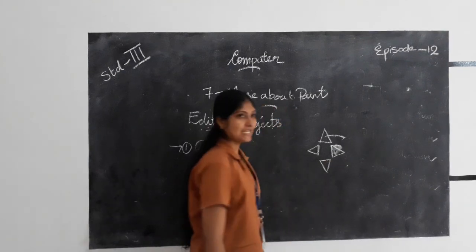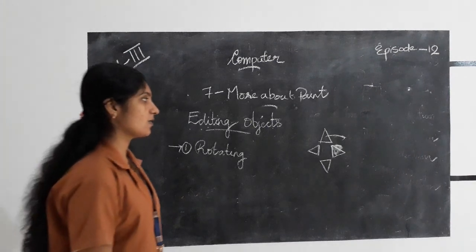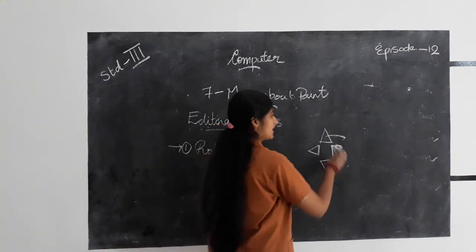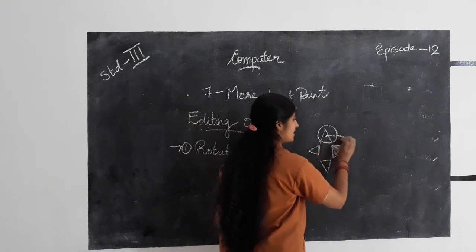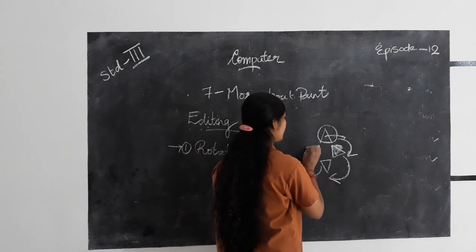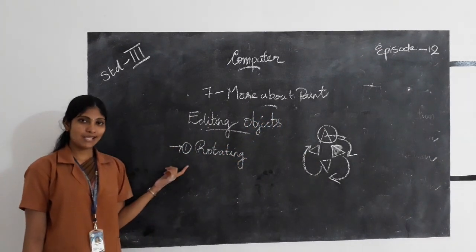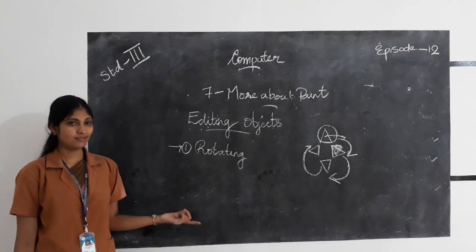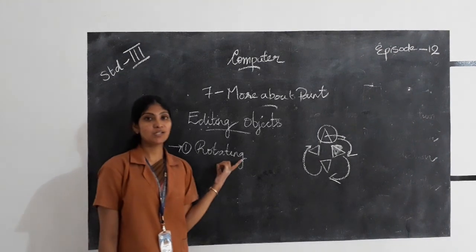We can rotate an object in different directions. So this is the original picture and we can rotate it into another one, then the next position and the next position. If you want to rotate a picture, you get some rotating options.